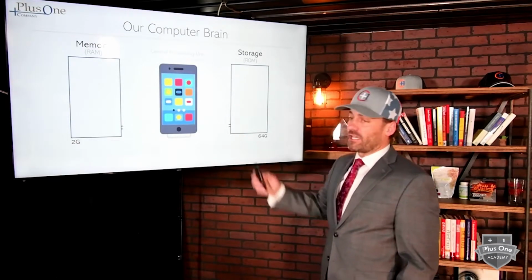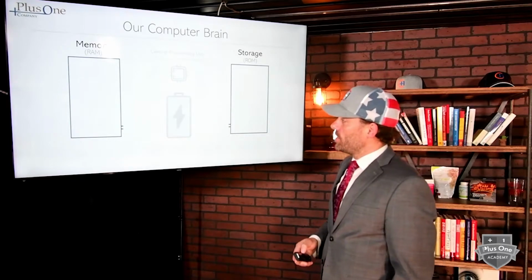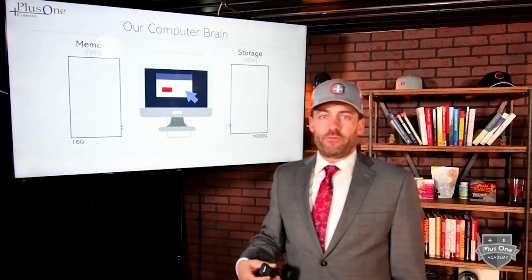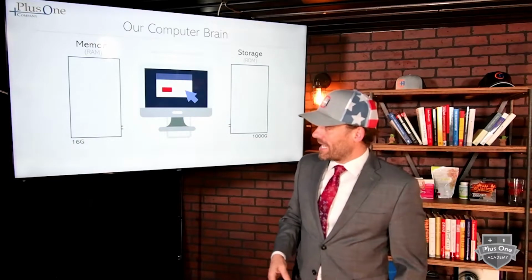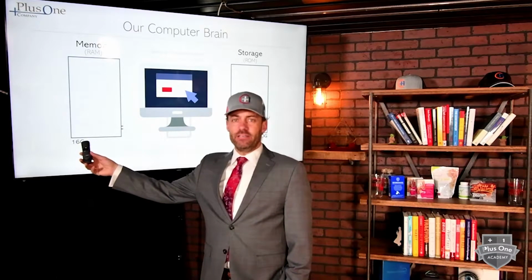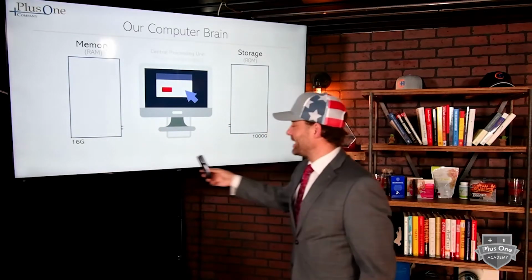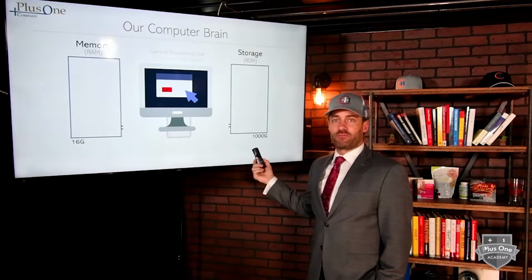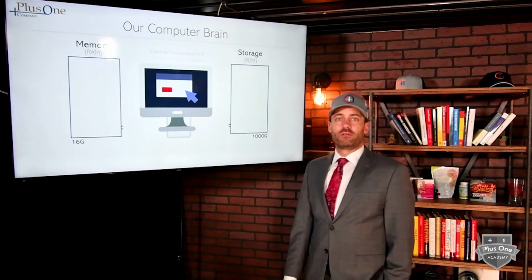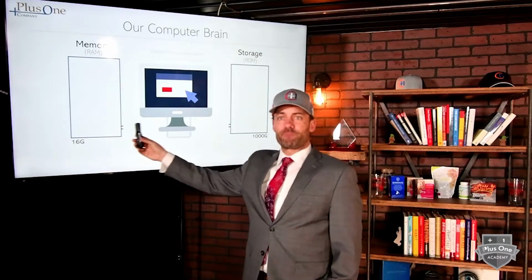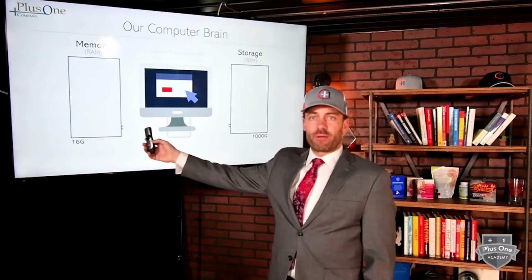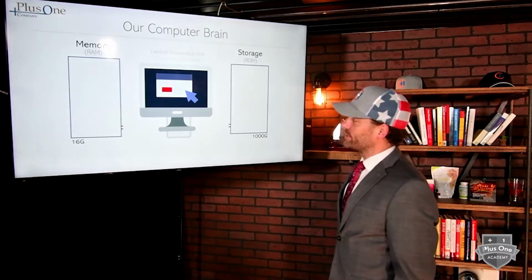So that's your average cell phone. If you get a really nice cell phone, or if you buy a nice computer, you might have 16 gig of memory, but then you'll have like 1,000 gigabytes of storage. Once again, you notice the discrepancy, right? The discrepancy between memory and storage.